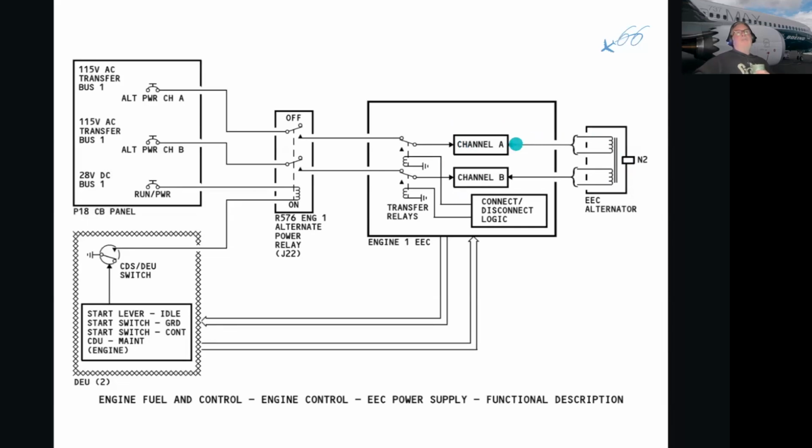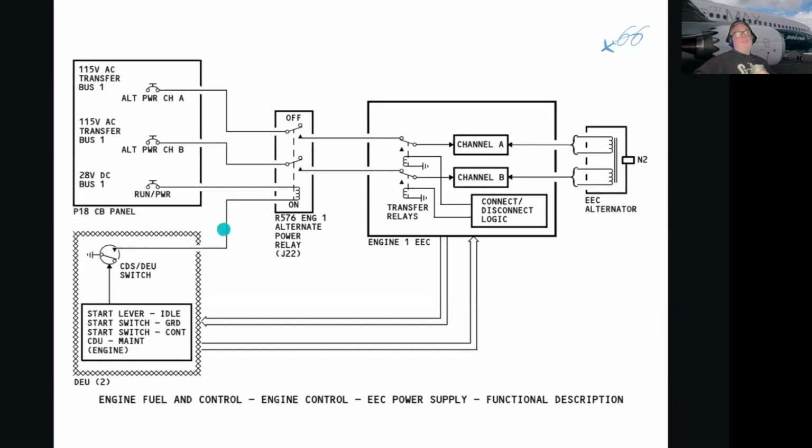But what if the aircraft's on the bay? Then we have some logics. For example, if we're going to start the engine, or if we put the start switch to the ground position, or put the start switch to the continuous ignition, for example, or the CDU in a specific maintenance position, we could actually make this switch.